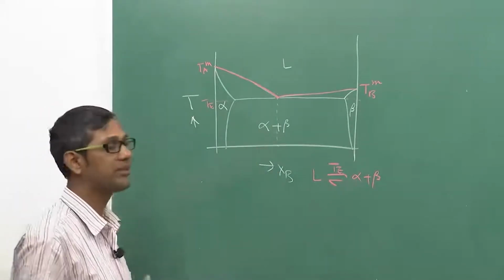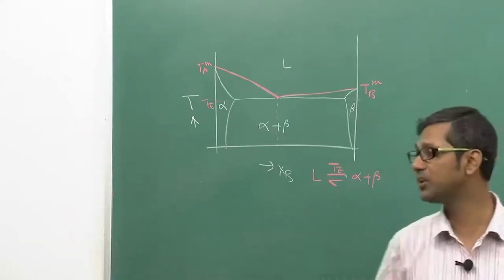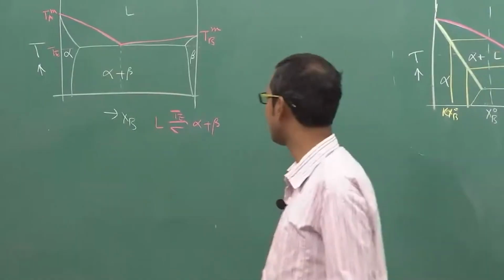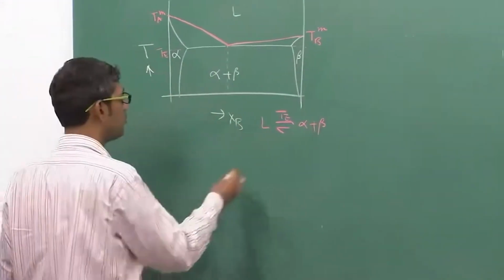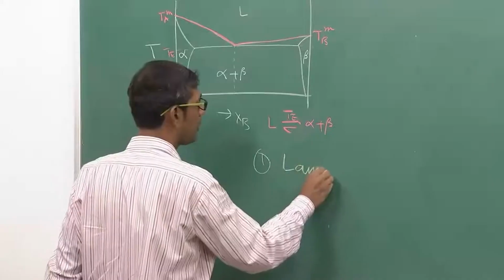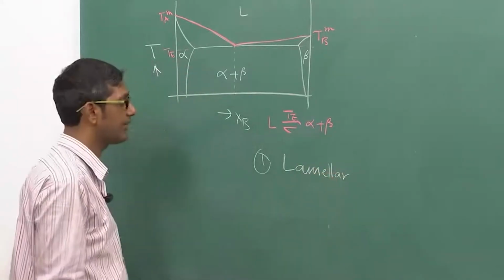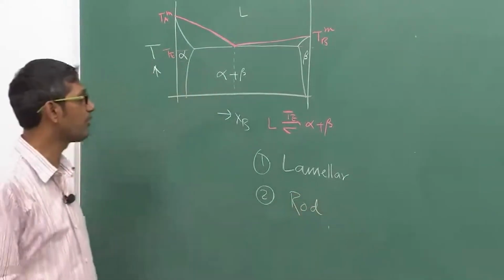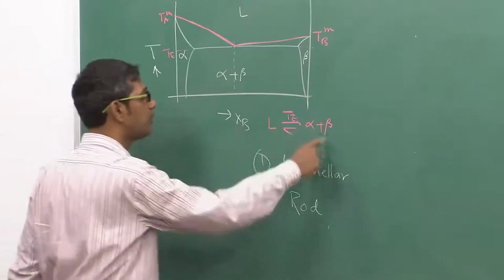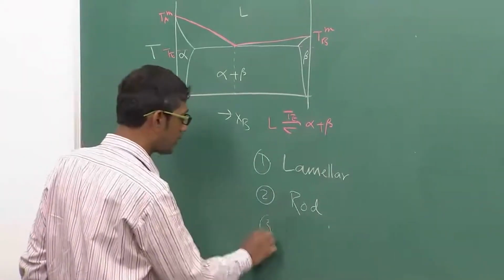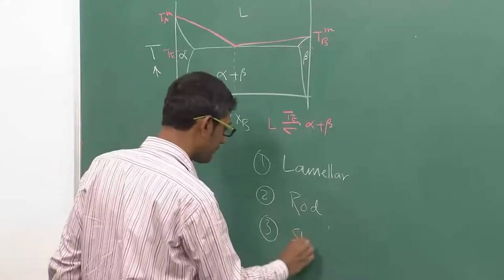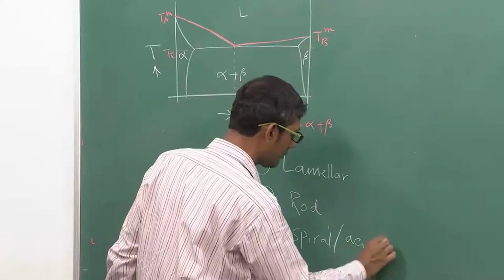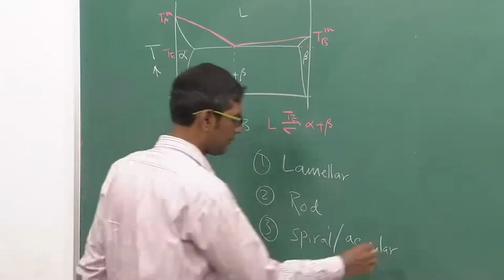Depending on how the solid phases are distributed in the microstructure, you can have different kinds of morphology. The classical one, present in lead tin and other alloys, is lamellar. I will show you all these pictures in the next lecture. You can also have rod type, which means one of the phases, either alpha or beta, whichever has the lower volume fraction, will be like a rod. You can also have spiral, acicular, or globular eutectic.